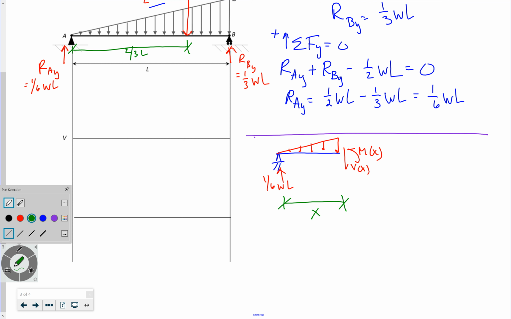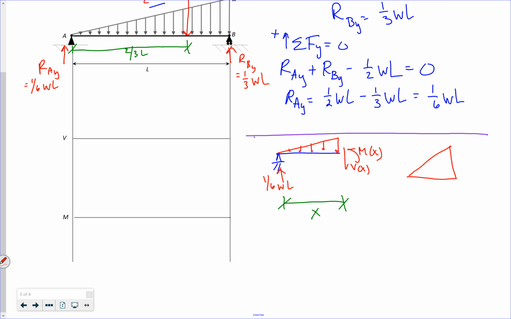So the applied load, we need to use similar triangles. All right, my applied load is equal to, draw it. Right.